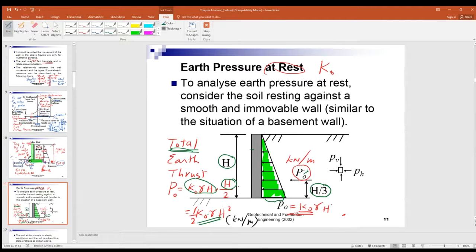We have the complete analysis here, right? For a retaining wall where the earth pressure is at rest. Of course, what about for the earth pressure at active state? It's not much different, except that you replace the K naught by Ka, to give you the earth pressure in active state.